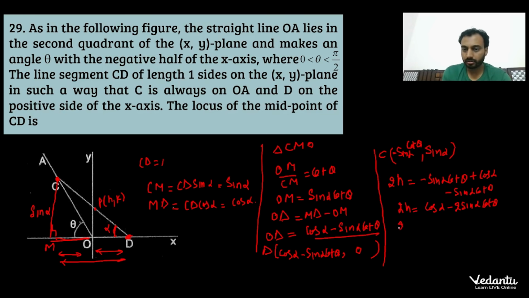And 2k will be equal to the sum of the y coordinates. So this y coordinate is sin alpha plus 0. So 2k is sin alpha.